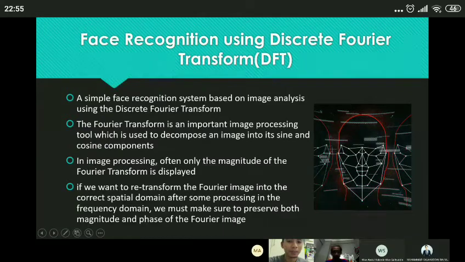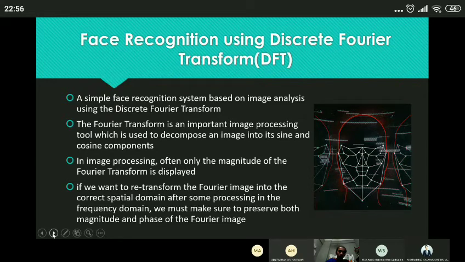Okay, so hello, my name is Nick Muhammad Ashraf bin Afini. I will continue the presentation with face recognition using discrete Fourier transform. As you can see, it is a simple face recognition system based on image analysis using the discrete Fourier transform (DFT).